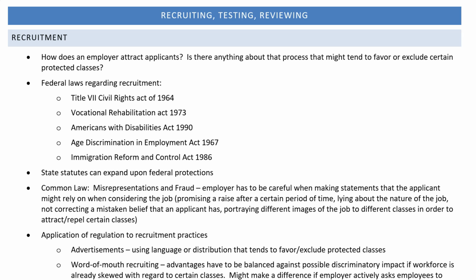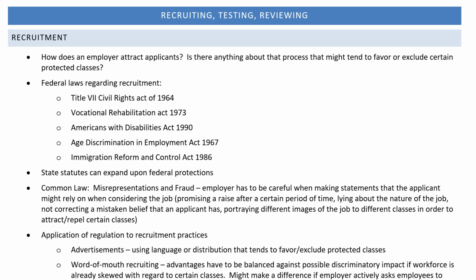The Age Discrimination in Employment Act of 1967, saying we shouldn't discriminate against people who are 40 or over. And the Immigration Reform and Control Act of 1986. We'll dive deeper into the IRCA in the national origin lesson of the course.